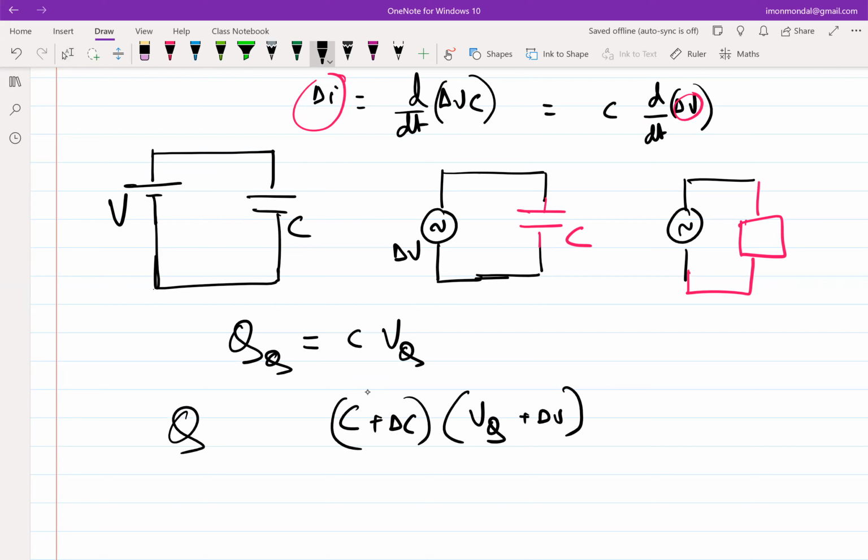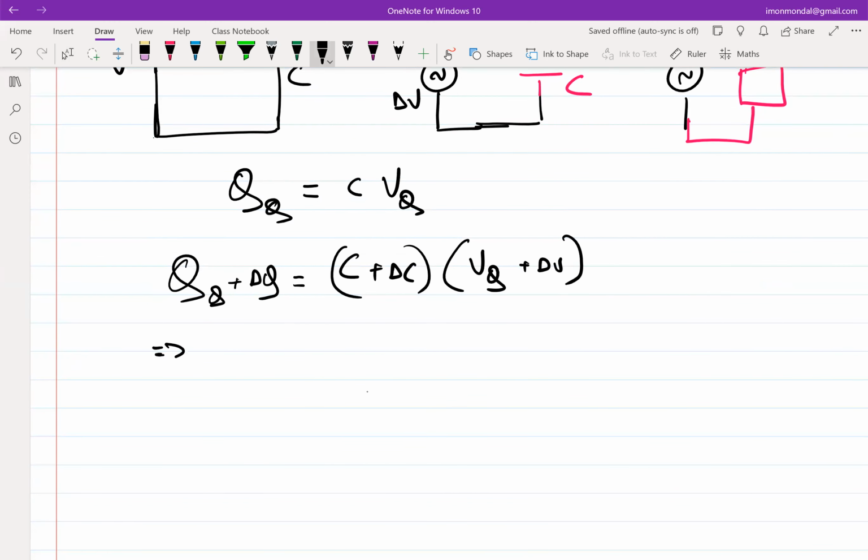So the charge will also change. Again, I do the same thing that we have been doing. So this becomes C VQ, and I neglect the other term. So this cancels.